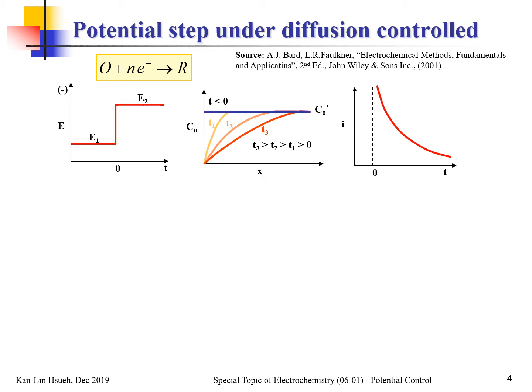Let's make a material balance at a given location. Within this boundary, material of the O species will flow from the outside, go through here, and diffuse from the right side to the left side.